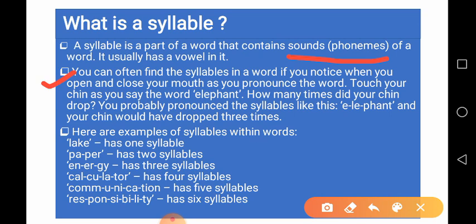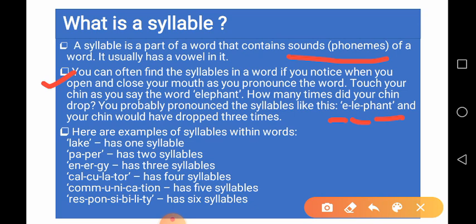You probably pronounce the syllables like this, "el-e-phant," and your chin would have dropped three times. If your chin drops three times, then this is called a three-syllabic word. So, elephant is a three-syllabic word.